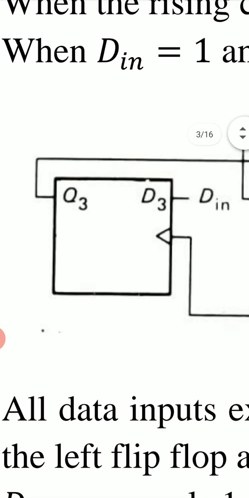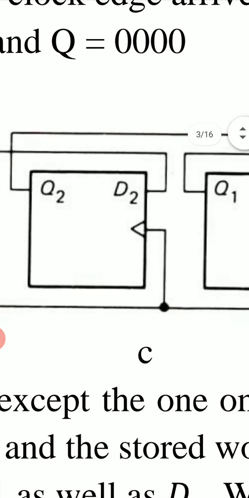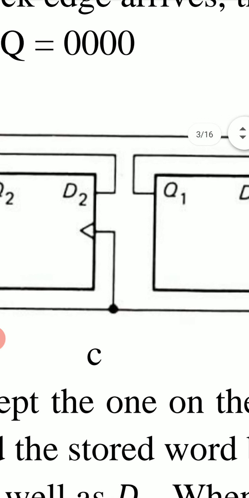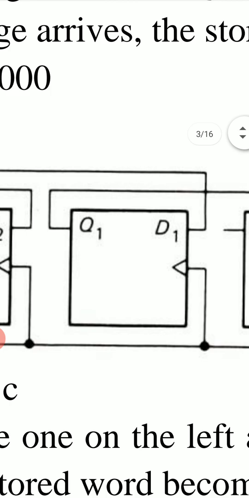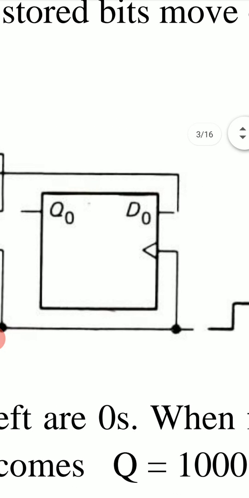Q3 is the output of this D flip-flop. It goes to the input of its preceding D flip-flop. Similarly, the output of this D flip-flop, that is Q2, goes to the input of the preceding D flip-flop. And similarly, the output of this D flip-flop, that is Q1, goes to the input of this D flip-flop, that is D0.